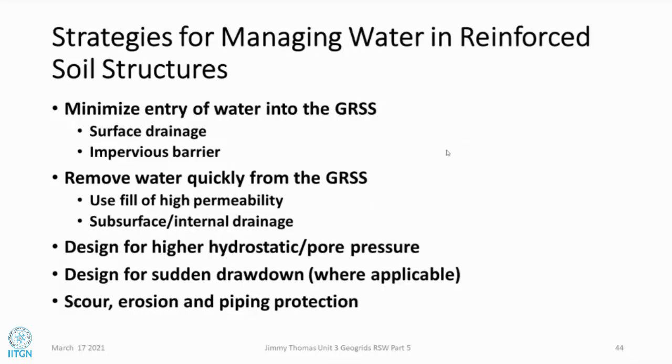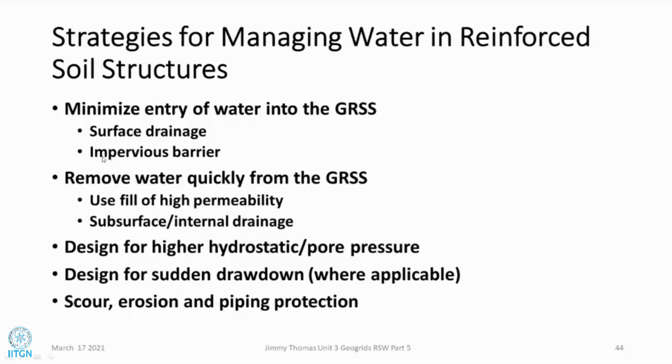So if you look at the strategies for managing water in reinforced soil structures, one is to try to minimize the entry of water into the reinforced soil zone. This we can do by having a proper surface drainage system, like proper slopes, then ditch drains, etc., to remove as much water as possible.